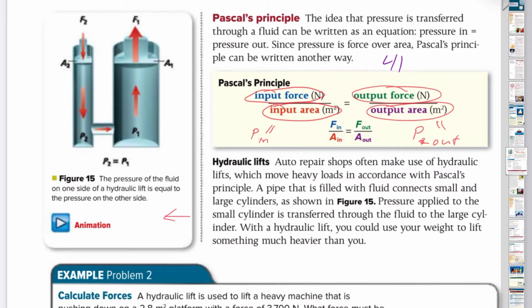Pressure applied to the small cylinder is transferred through the fluid to the large cylinder. With a hydraulic lift, you can use your weight to lift something much heavier than you. So you have your force applied here that basically causes this fluid to go into this chamber, and then you get a force out here.